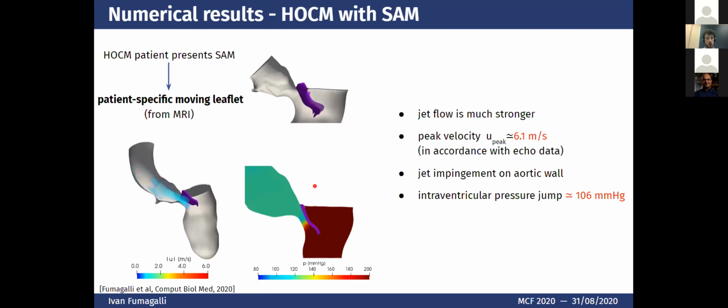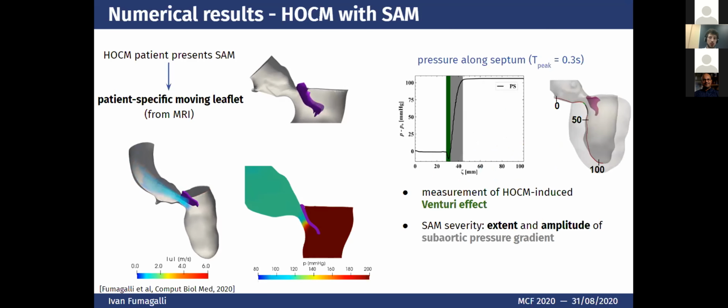To study and to give a better clinical indication for the treatment of this pathology, we actually saw how the pressure develops along the line which lays on the septum.